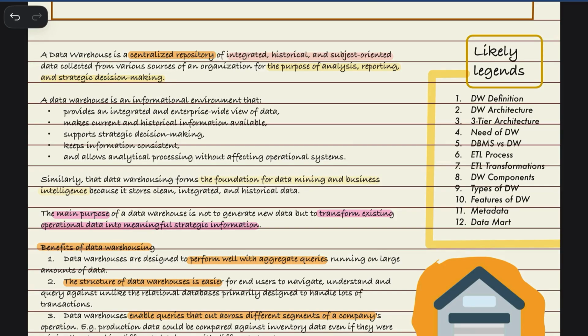All right, so what is integrated? When we talk about integrated, it means that our data speaks one consistent language. Your website might record a customer's gender as M for male and F for female. Okay. And your store app might record it as 1 or 0, male 1, female 0. And if you mix them together, it will be a mess.